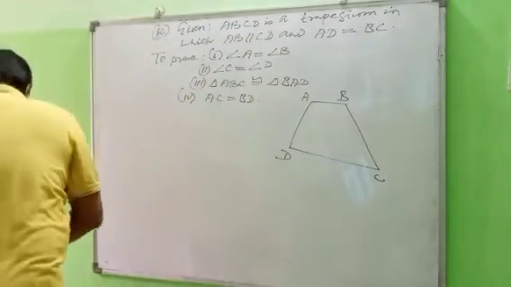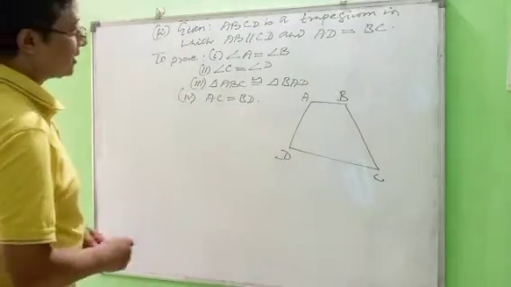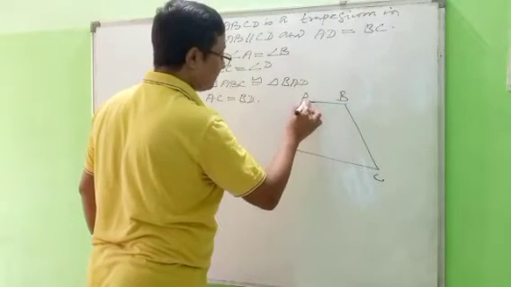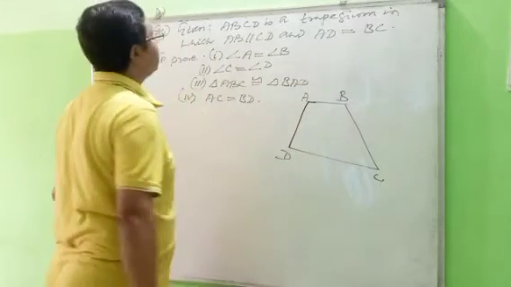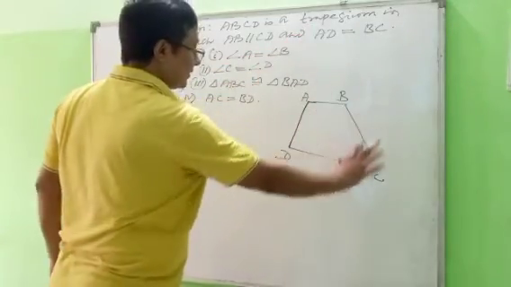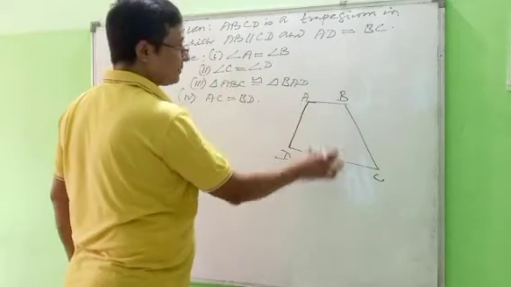Now, this is a very important sum. Here they have given that ABCD is a trapezium such that AB is parallel to CD.